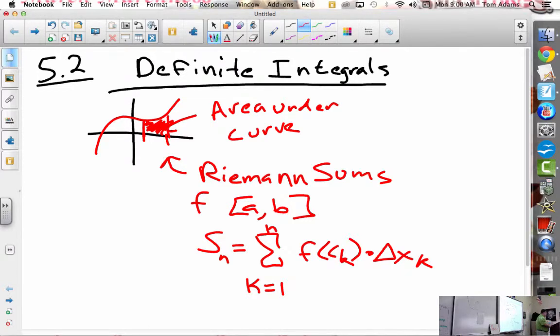So c is some number value in between a and b. And basically what we do is we take this area under the curve that I have in red, and we break it up into little rectangles.